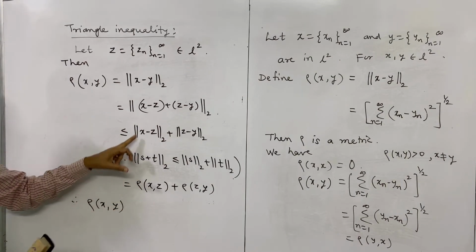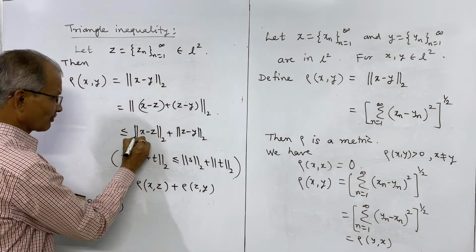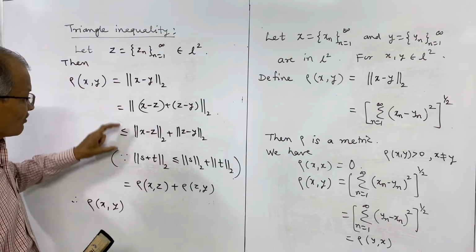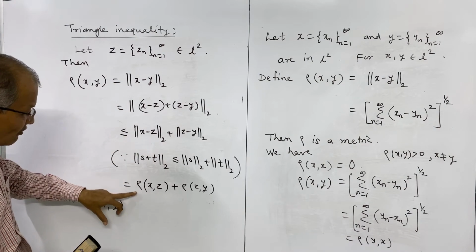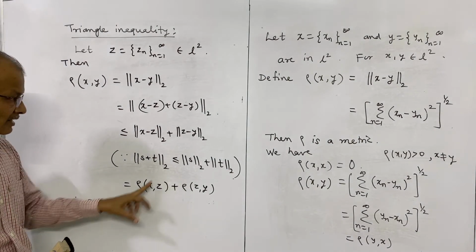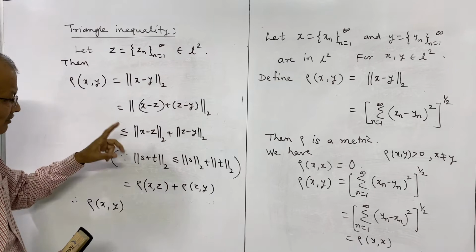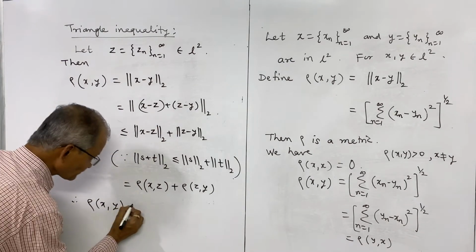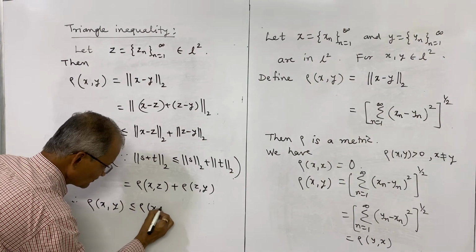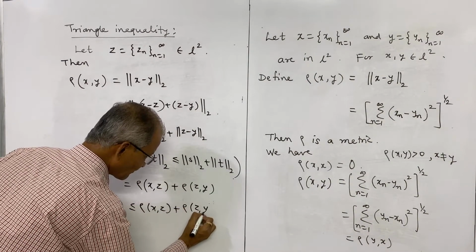These two are equal, so we use the symbols equal to and less than or equal to carefully. These are exactly equal. This is less than or equal to, but again this means equal to rho of x and z, and this is rho of z and y. These are equal, but the relation between the first and the last becomes less than or equal to rho of x and z plus rho of z and y.